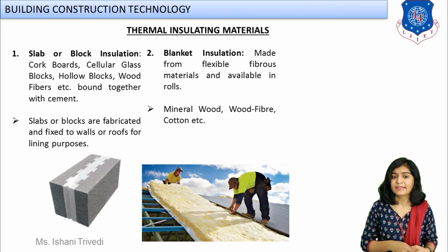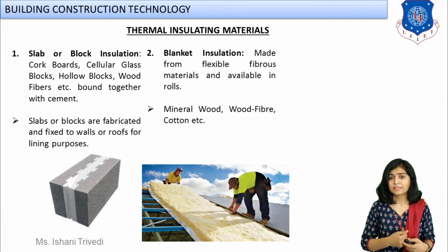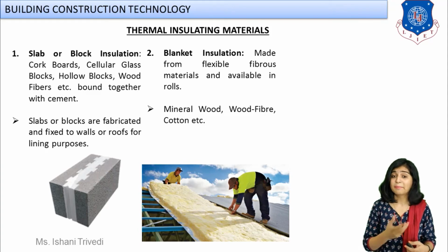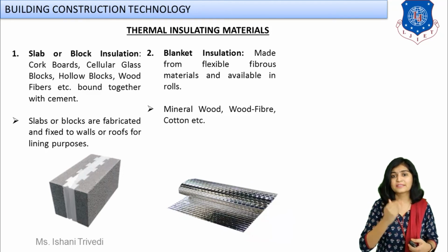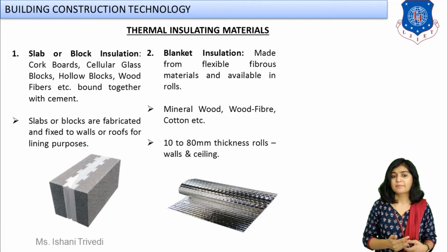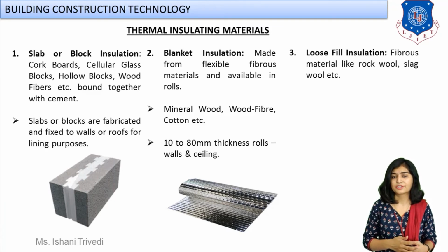So these blankets are generally made up of flexible fibrous material. They will be thermally insulating material, right? They will be bad conductor of heat, and you can directly install them on the ceiling. It comes in thin rolls, just like it is flashing in the second image over here. So that makes your blanket insulation.